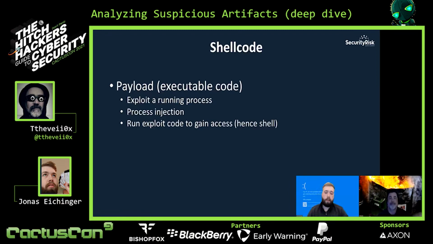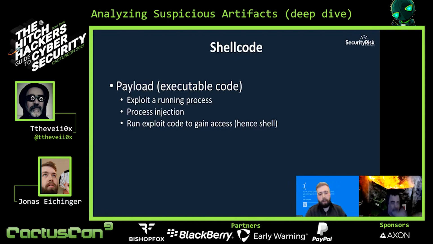All right, so the other type of malicious code that we're going to be looking at today is shellcode. Now, shellcode is really just a name for any sort of a payload of executable code that is going to try and be run in a network environment.